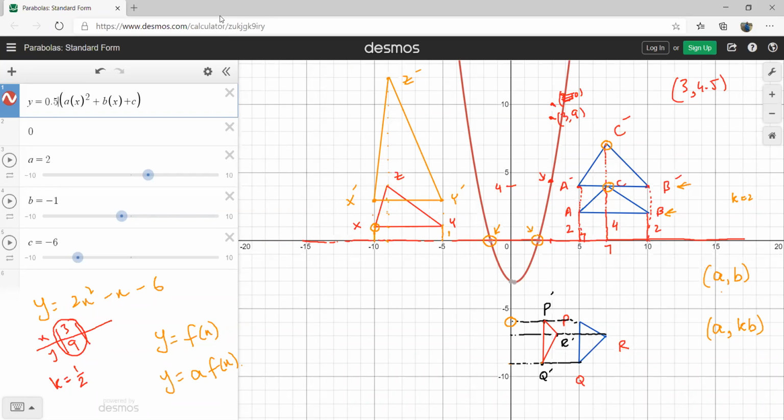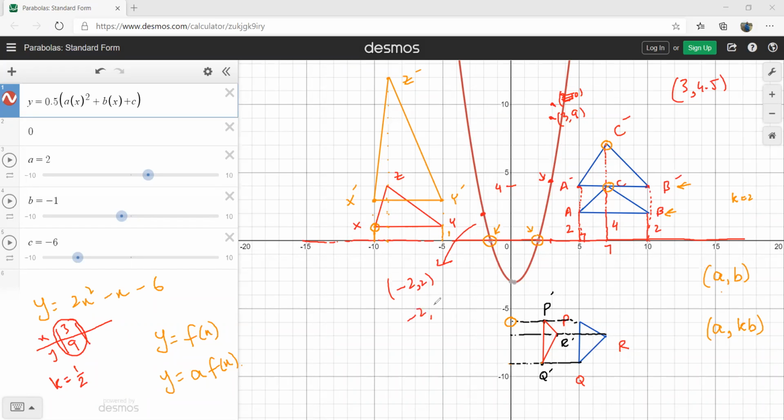Okay, now look at one more point here. This point has the coordinates minus 2 comma 2. Now if I stretch this curve with a scale factor 2, what should be the new point? Minus 2 comma 4.